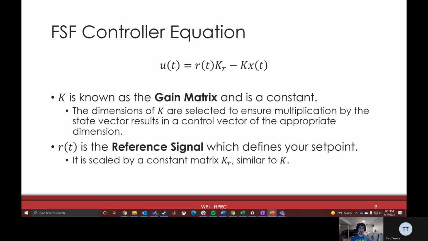If you have a system that has more than two dimensions, you might have the output be a scalar, and then that scalar is what's fed to PID, and that's what decides your control input.